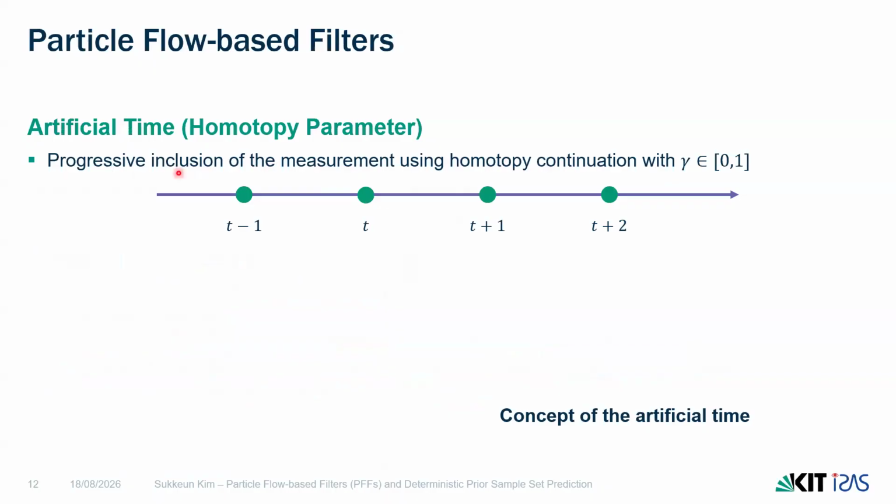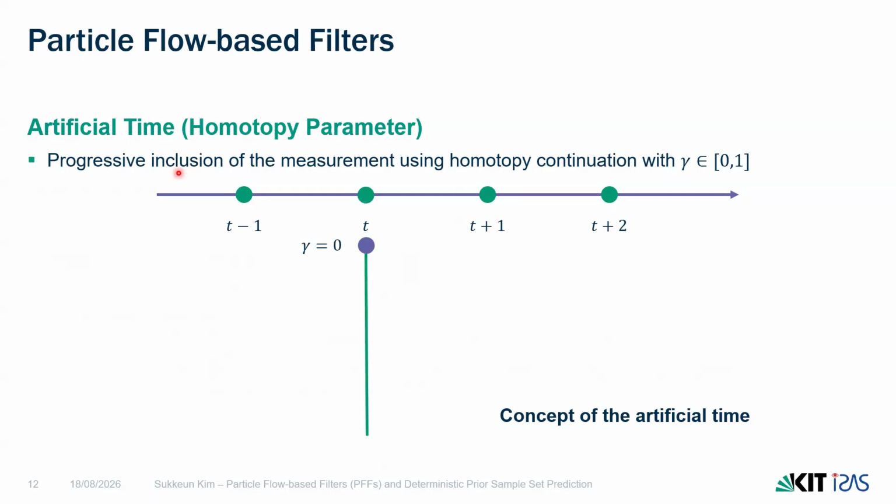So one of the most important ideas from these particle flow-based filters is the artificial time, or sometimes they call it the homotopy parameter as well. If you imagine a discrete time system from t-1 to t+2, let's see the exact time, discrete time step t.